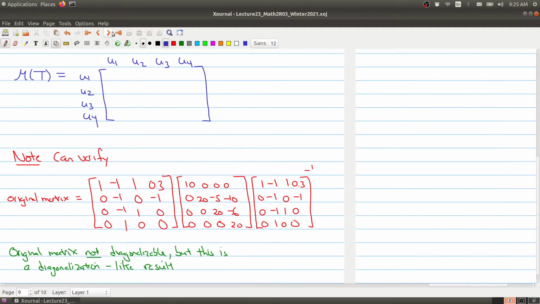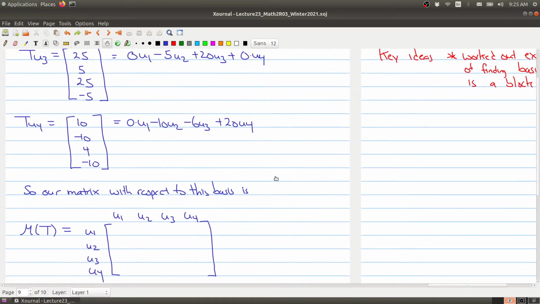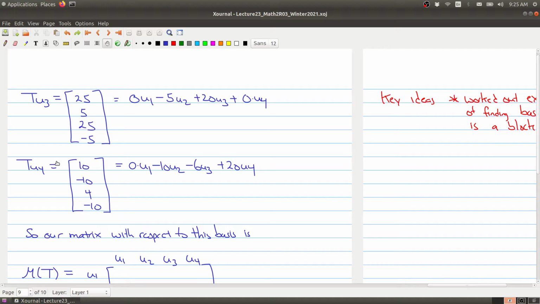And I've actually done the work already for the other two basis elements. u3 gets sent to this vector, and here I've written it in terms of the basis u1, u2, u3, u4, and I've taken u4 and written it in terms of the basis u1, u2, u3, u4.